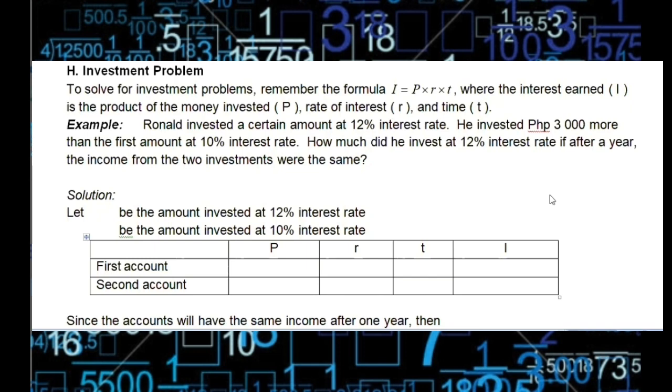So, the question: how much did he invest at the 12% interest rate, where the income from the two investments were the same after a year?